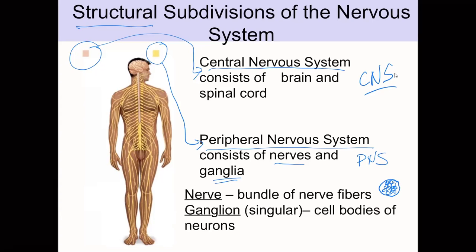Ganglion is singular, and the plural is ganglia. Those are the cell bodies of the neurons, so that's where the organelles are. I'll show you in a picture in a second what these actually are, but we just want to get those two definitions in there so you know what they are.